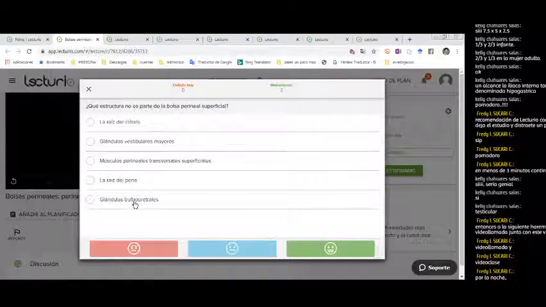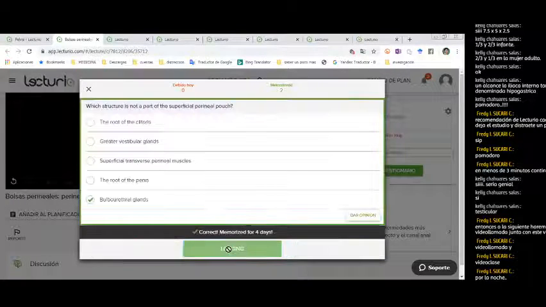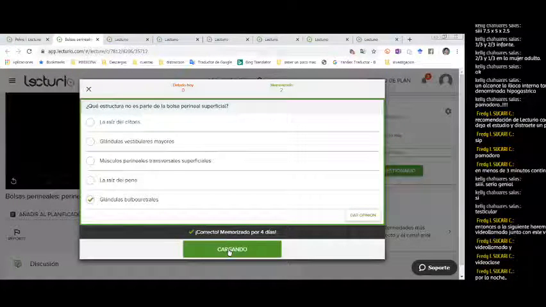Raíz del pene, glándulas bulbouretrales. Estas bulbouretrales creo que en los varones se encuentran en la bolsa perineal profunda. Sí, este es. Raíz del clítoris ya es por fuera, raíz del pene también por fuera. A ver. Sí. Está en las mismas diapos.